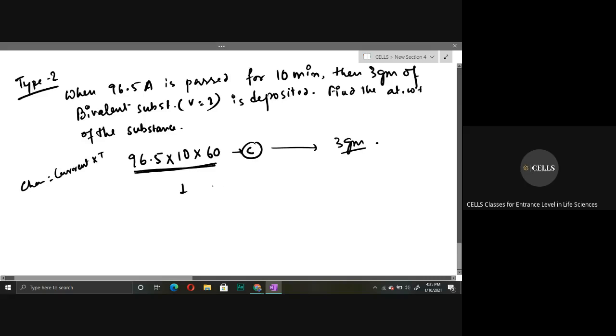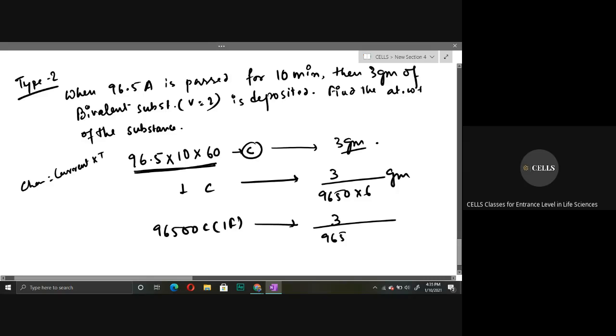So 1 coulomb of charge will give 3 by 96.5 into 10, so I will just write 965 into 60, or I can write 9650 into 6 gram. So 1 Faraday means 96,500 coulomb. That is 1 Faraday. It will give 3 by 9650 into 6, into 96500.